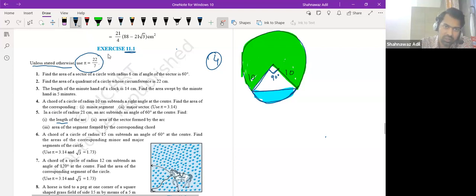Right. So first, we have to find out the minor segment. So what would be minor segment, guys?